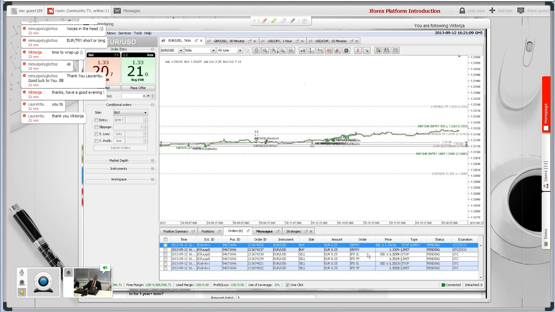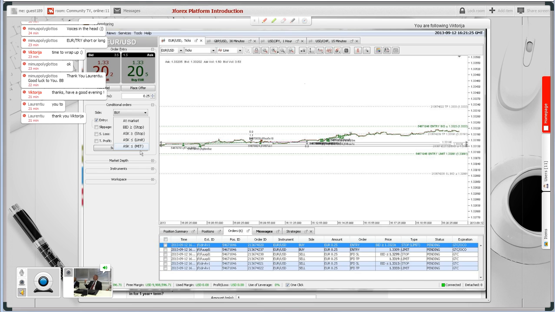The last type of order here, which is also a limit order, but is MIT, market if touched, means we will execute a maximum of the trade at your price, and then the rest will be executed at market. So if you have a trade of 250,000, the probability that the full trade will be executed is very high.